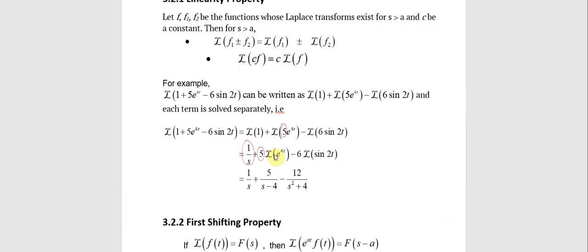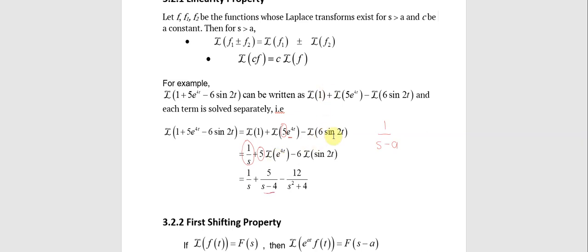In this case, we just do the transformation of e^(4t) only. The Laplace of the exponential function is given by 1 over s minus a, and your a is 4, so we have 5 over s minus 4 here.